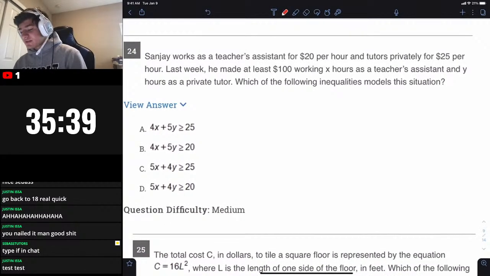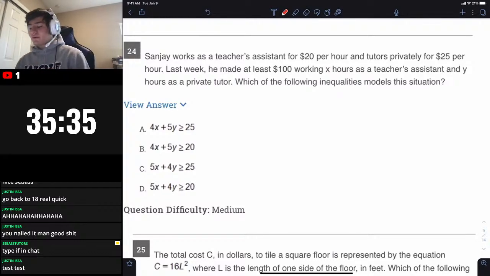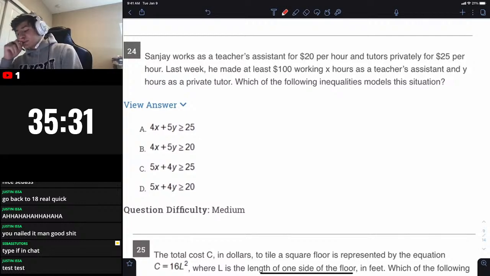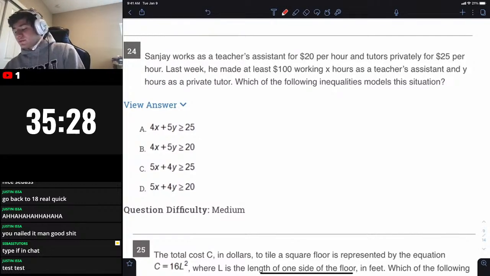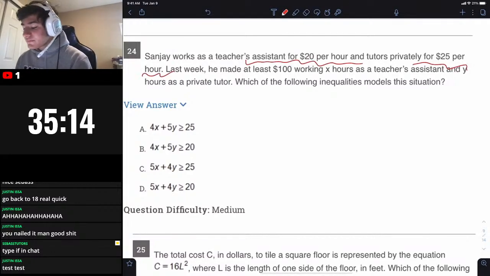Sanjay works as a teacher's assistant for $20 per hour and tutors privately for $25 per hour. Last week, he made at least $100 working x hours as a teacher's assistant and y hours as a private tutor. Which of the following inequalities models the solution? Okay, $20 as a teacher's assistant, $25 privately.